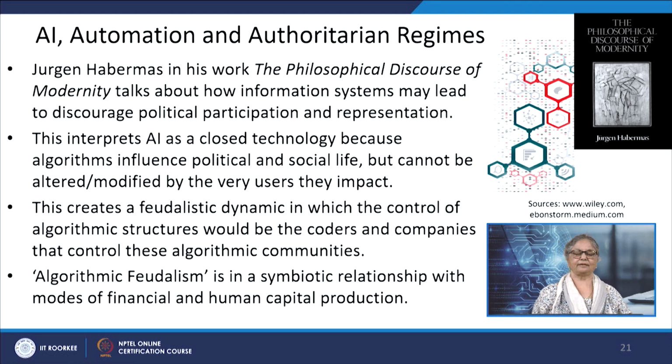And this creates a feudalistic dynamic in which the control of algorithmic structures would be with the coders and companies that control these algorithmic communities. Algorithmic feudalism is in a symbiotic relationship with modes of financial and human capital production. Therefore, the most immediate impact of AI that might reinforce feudalistic tendencies of the digital space is to create a production system that mimics corporatism.